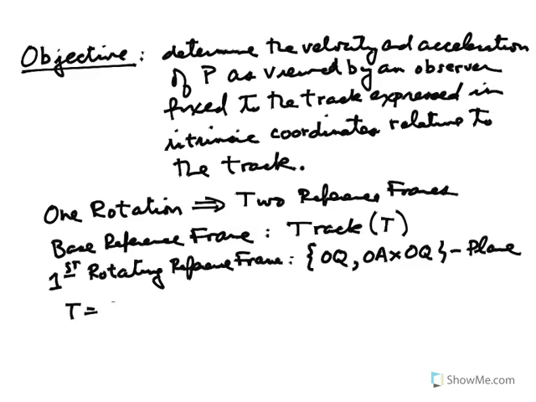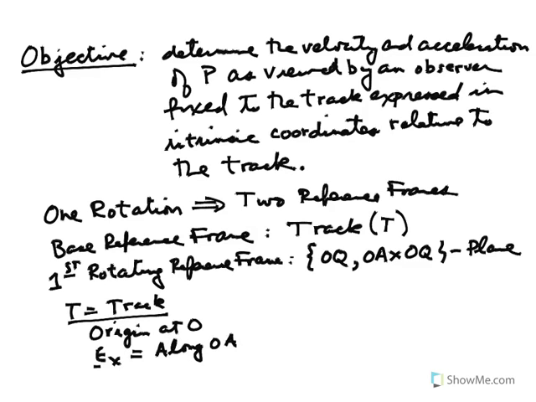So T is equal to the track. The coordinates that I'm going to lay down fixed to the track are going to have their origin at O. I'm going to put EX along OA. EY is going to be along OQ when theta equals pi over 2.